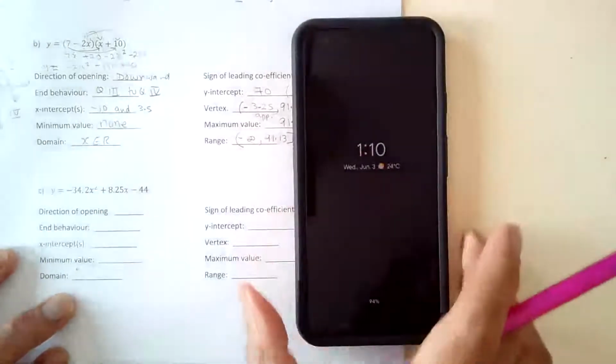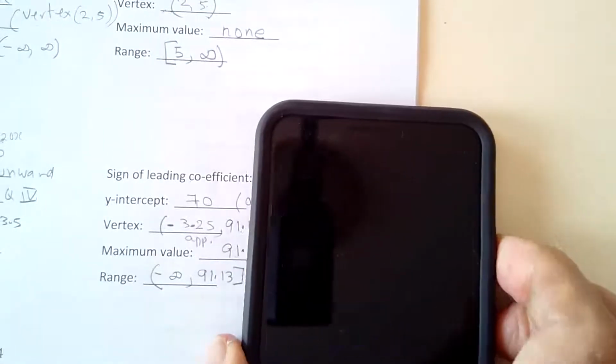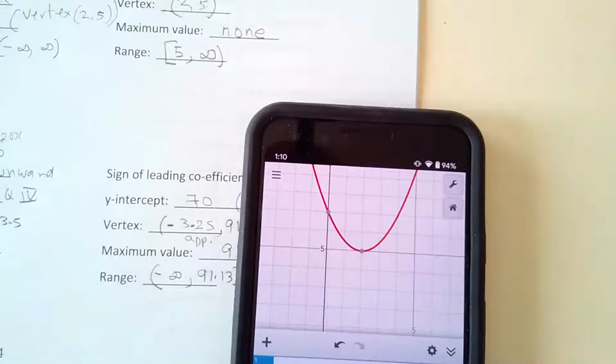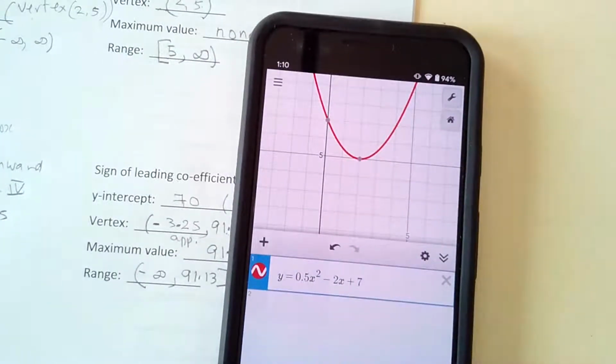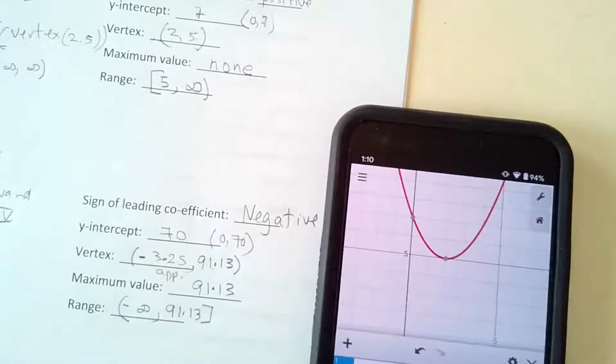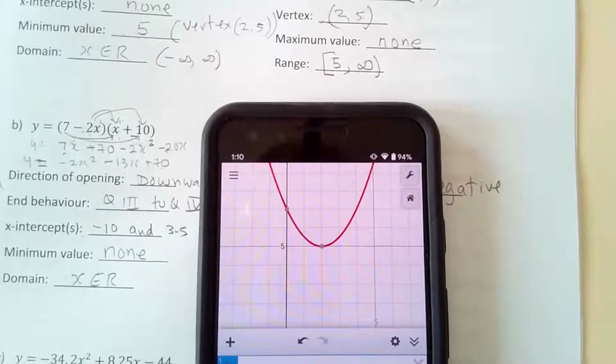Now let's go to Desmos. I'll zoom in here. And let's look at Desmos here. We're going to go to our equation here.